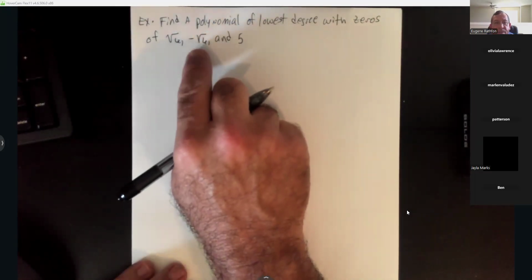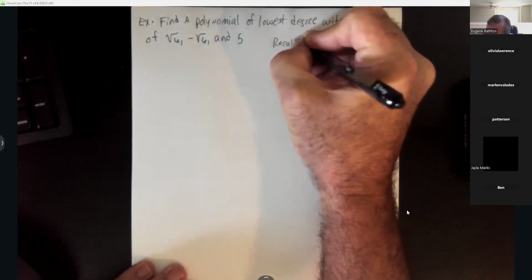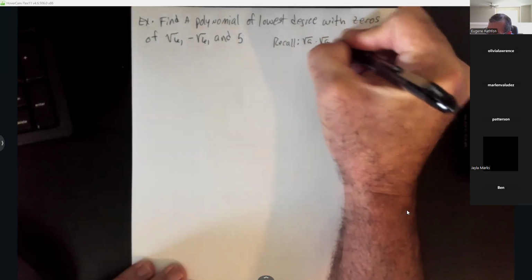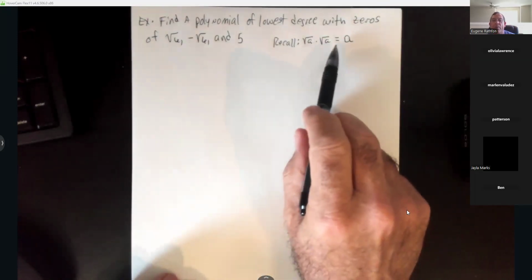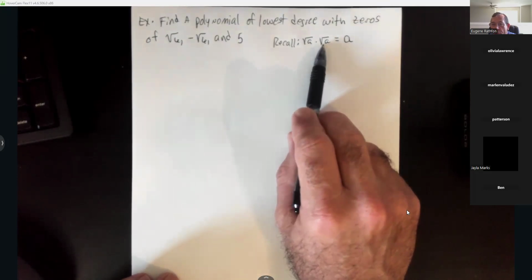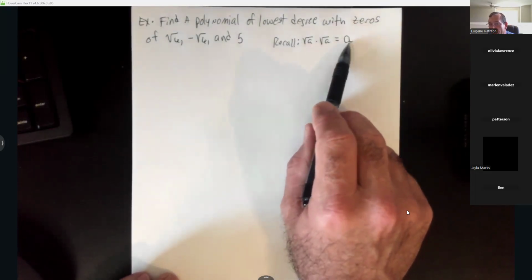Now, for this section, you have to recall that a square root times itself equals what was under that square root. For example, the square root of 2 times the square root of 2 would be the square root of 4, which equals 2.